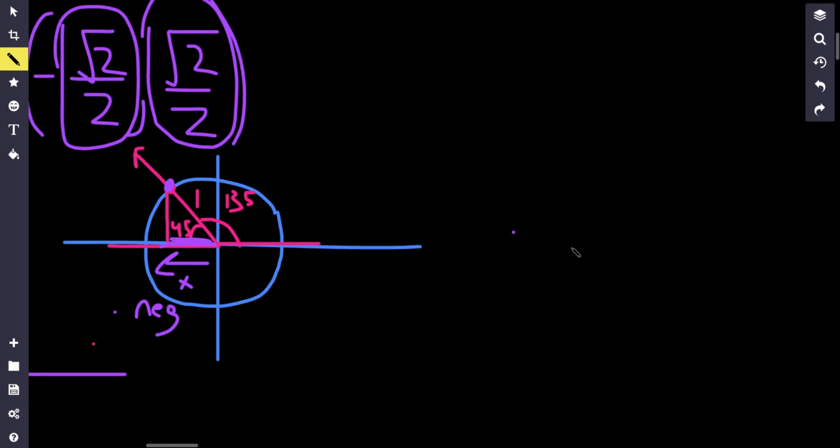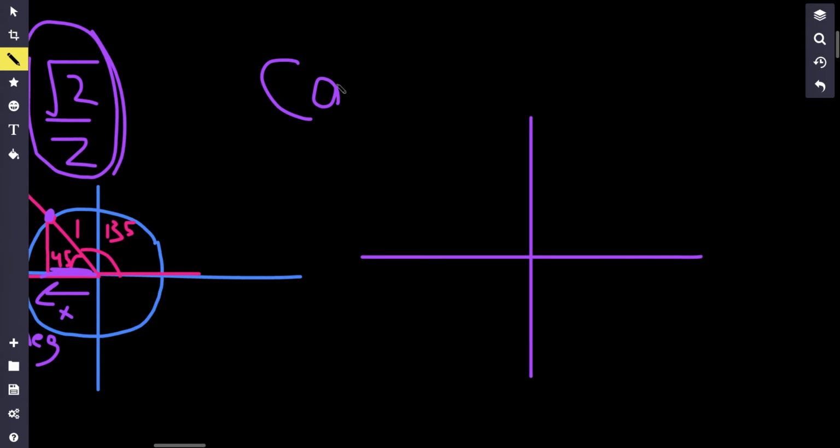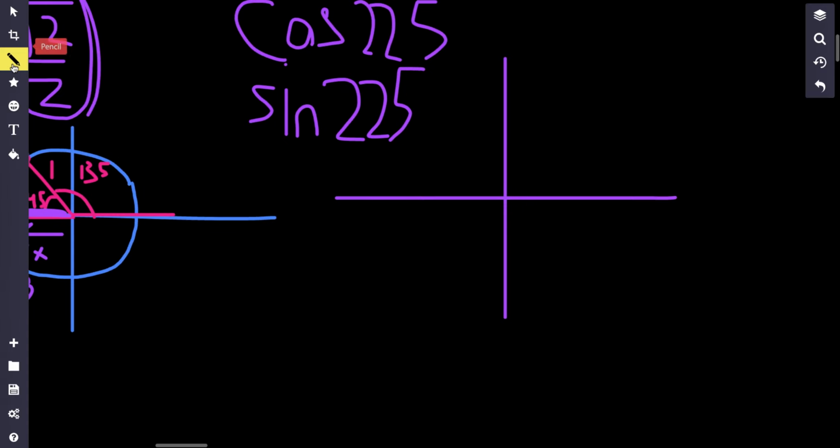Let me just show y'all another example. Let's say we have cosine of 225 and sine of 225. If we use this as the base of our angle, 225 is going to be somewhere here. This is 225.